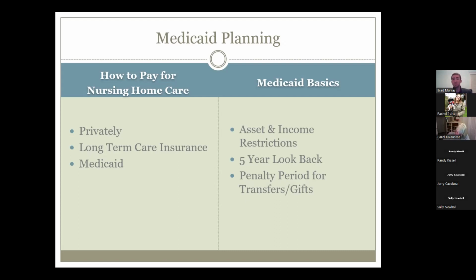Something I do get asked a lot is, if I don't do any planning and I need to go into a nursing home, is there anything I can do without having to spend all my assets down to $16,000? And the short answer is yes. It's essentially called emergency planning.